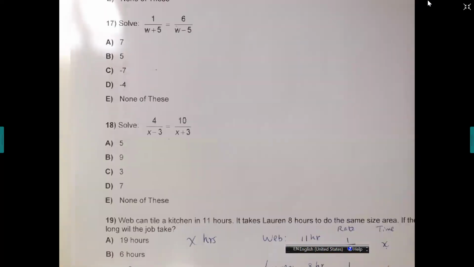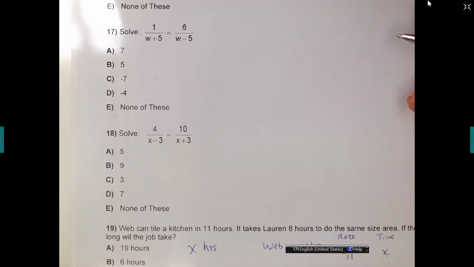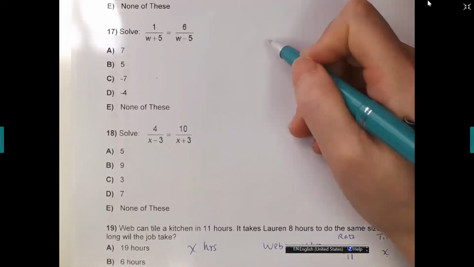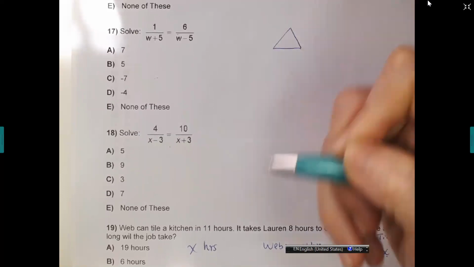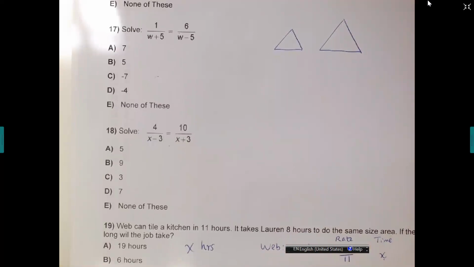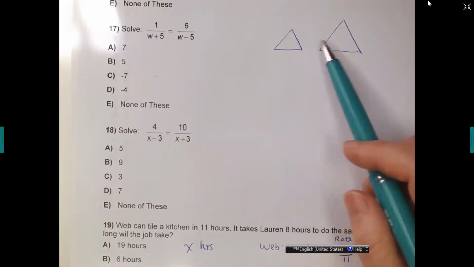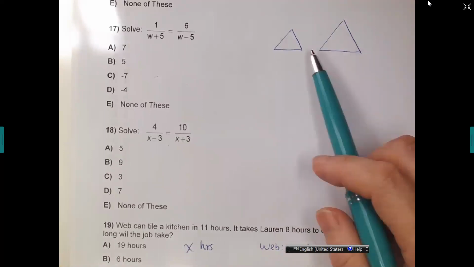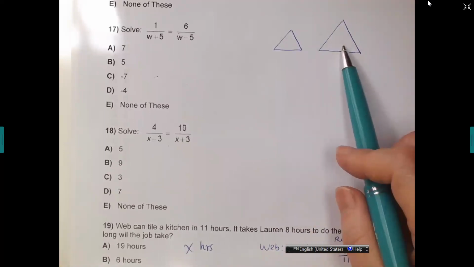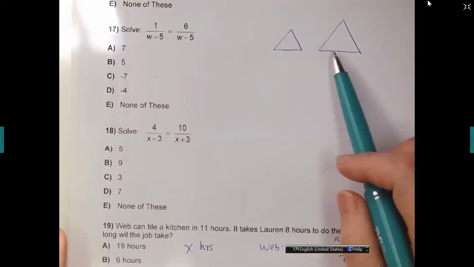There is one more. We call this the proportion problem. What's the proportion? For example, if we have 2 triangles with similar shape but different dimensions, different size, we call those triangles similar. For similar triangles, and not only triangles but any figures, when they are similar, the corresponding sides are proportional.